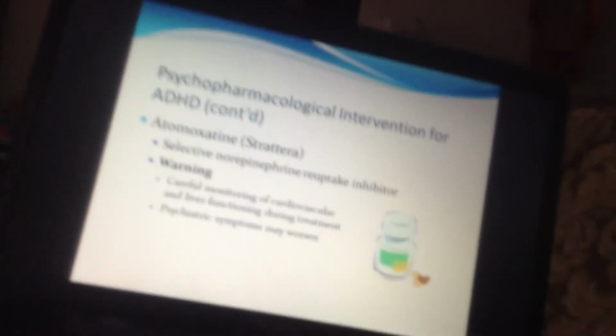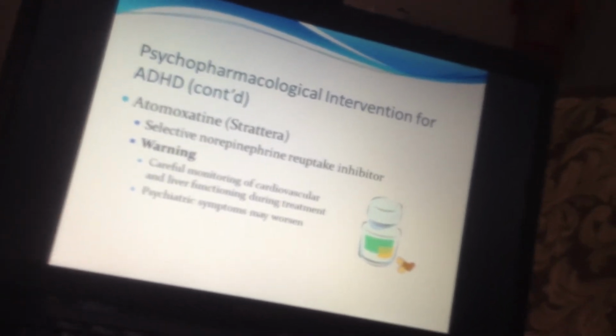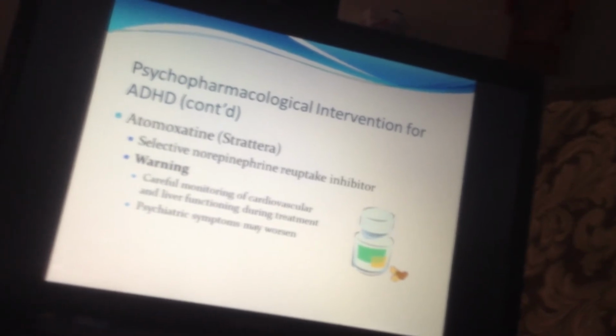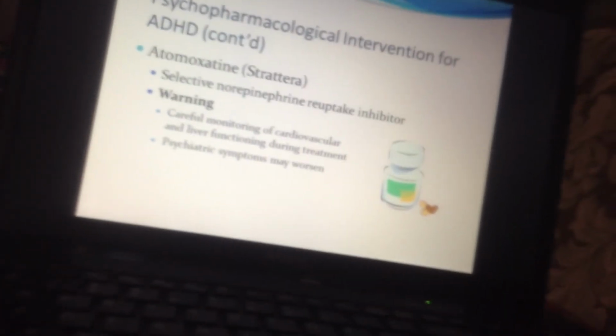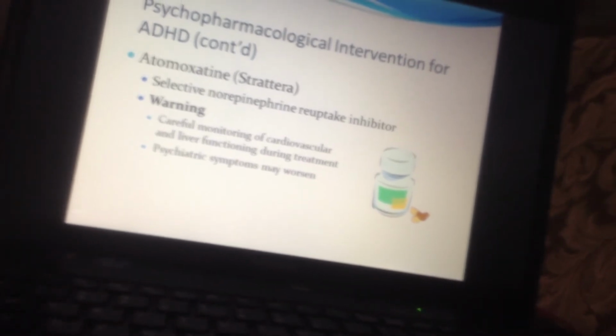Okay, let's talk about Strattera. Now that medication is a selective norepinephrine reuptake inhibitor. You want to make sure that you monitor the cardiovascular and liver functioning when you're giving this medication. Also, you'll find out that the psychiatric symptoms may actually be worse, so then compliance may be an issue.